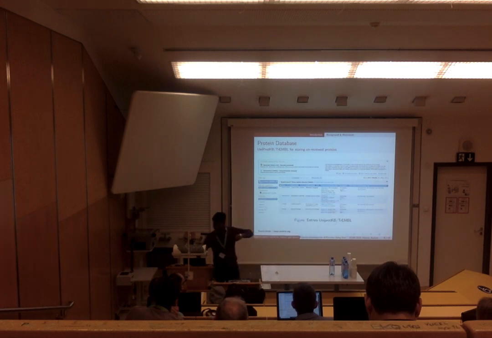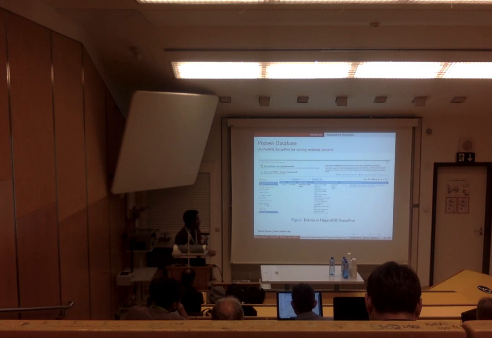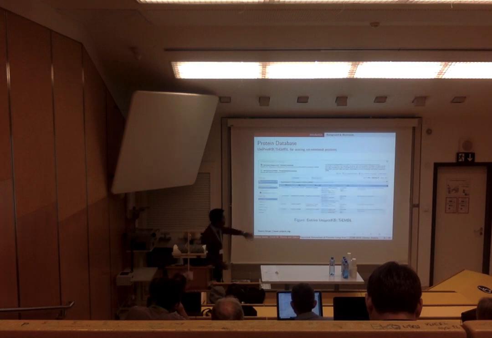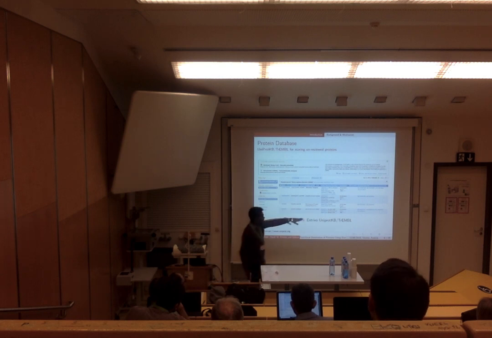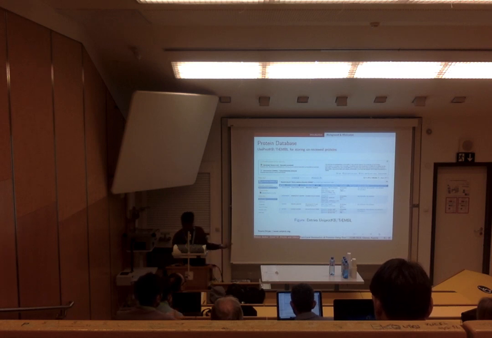And the last two columns represent two types of functions: EC number and gene ontology terms. So these are the functions we need to associate with proteins. And there is another part, TrEMBL, and here you also have annotations, but these are automatically annotated, and these are not reviewed, so you cannot trust them. So these annotations cannot serve the purpose of ground truth.